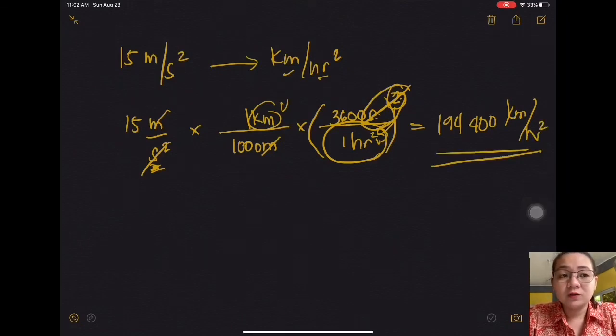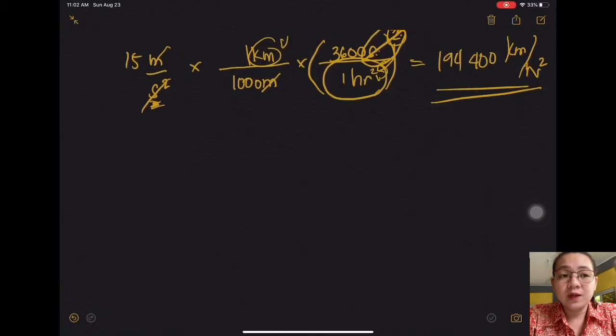So, let's count. Move the decimal places to the left or right? We're going to move the decimal places to your left. So, it is 1, 2, 3, 4, and 5. So, the final answer is simply 1.94 times 10 raised to positive 5 kilometer per hour squared.